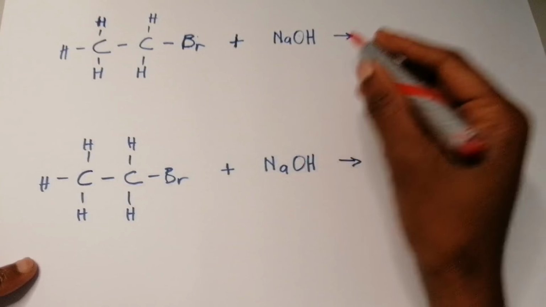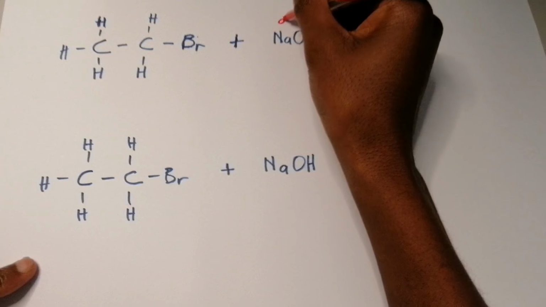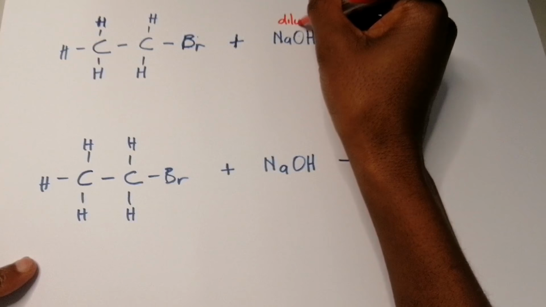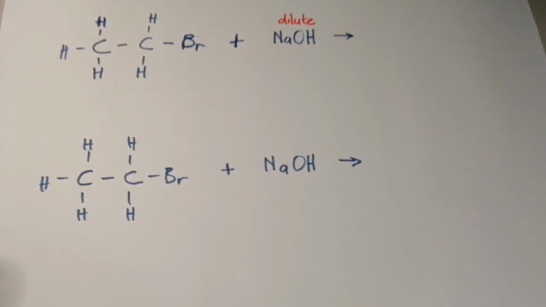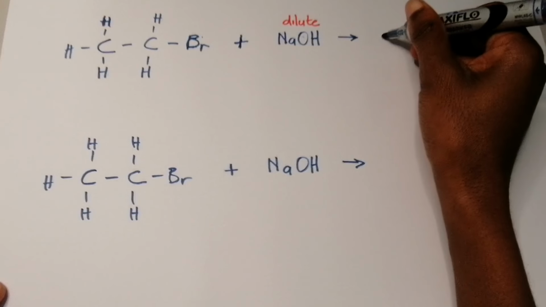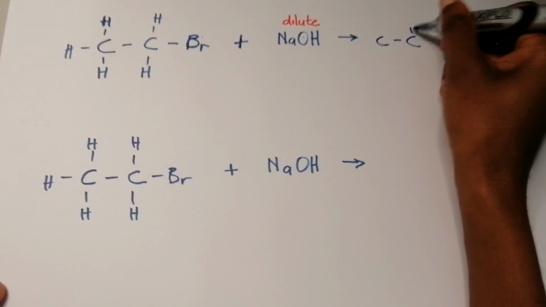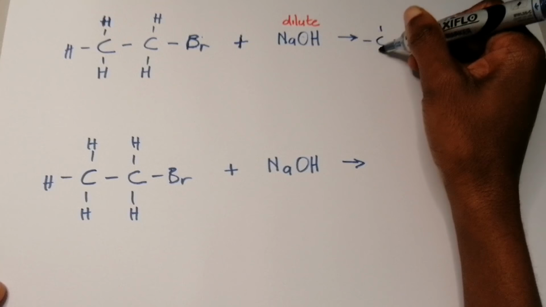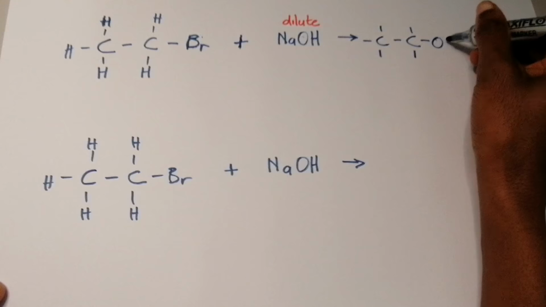So the conditions of this one, let's start with this one, and we say, right, what happens when we put a dilute strong base, right? So if I put dilute strong base, which is sodium hydroxide, you can use potassium hydroxide in that case, right? What type of a reaction occurs there? Note, when I use a dilute base, right? So what I then form is an alcohol. So this is another way.